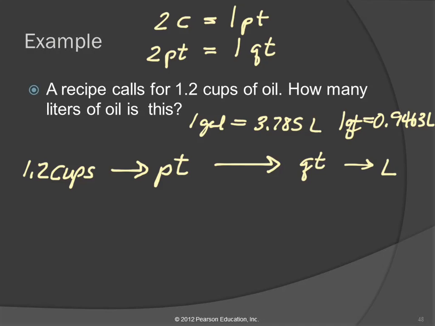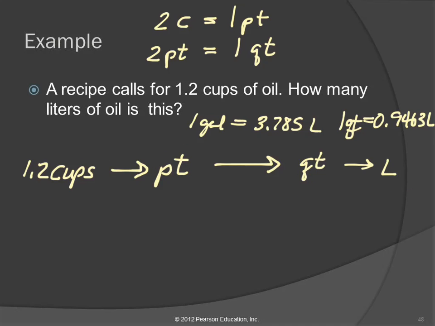Now, if you don't have that information floating around in your head, you're going to have to keep looking. For all of the homework problems that are assigned, you should be able to find what you need in that table that's in the chapter or in the back cover of your book. Now, on Google, you could find the relationship between cups and liters, but that kind of defeats the purpose of the question. So I know these relationships, so my path is cups to pints to quarts to liters.